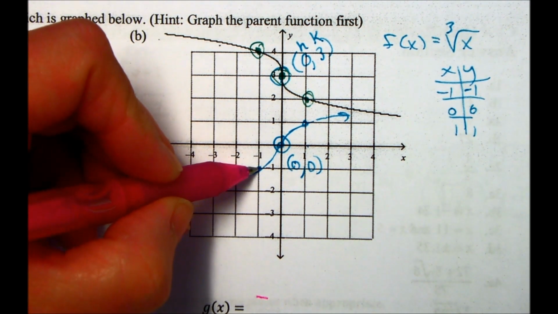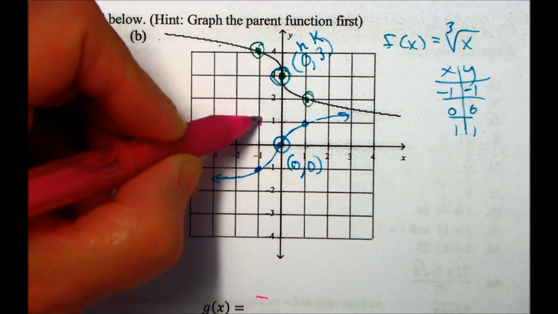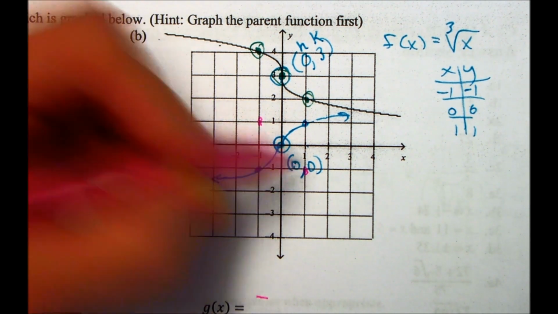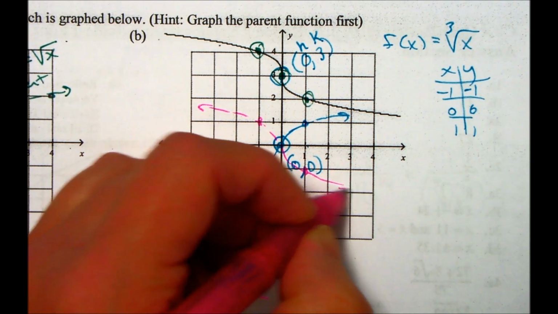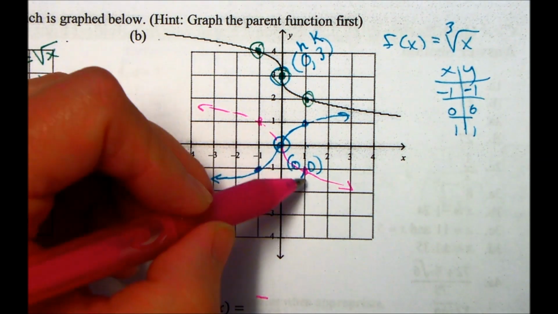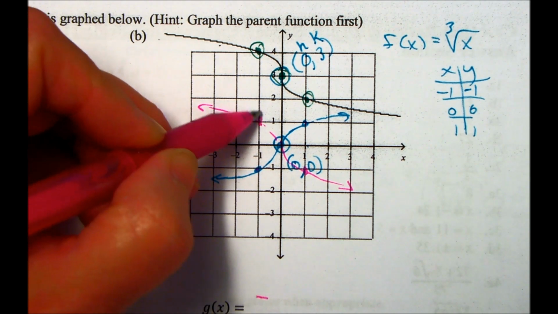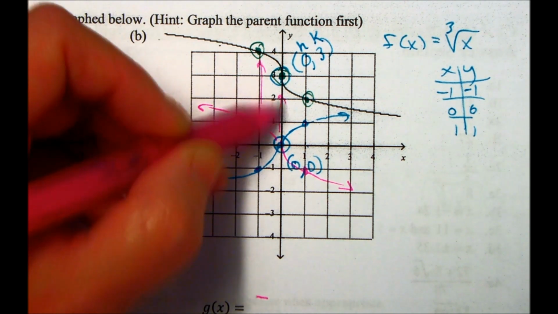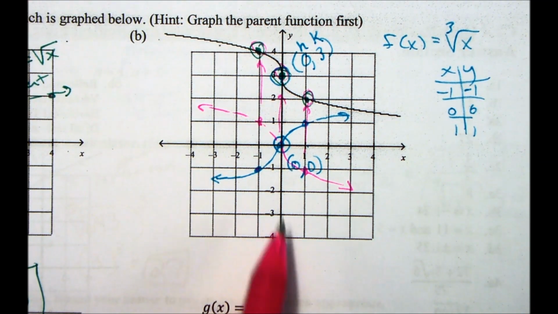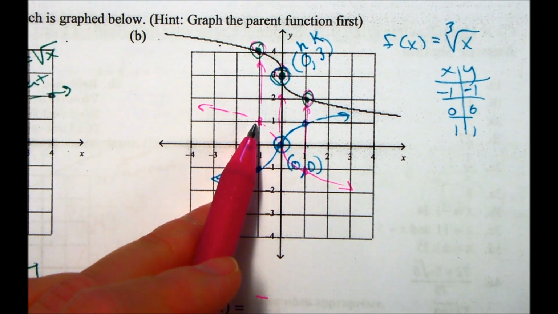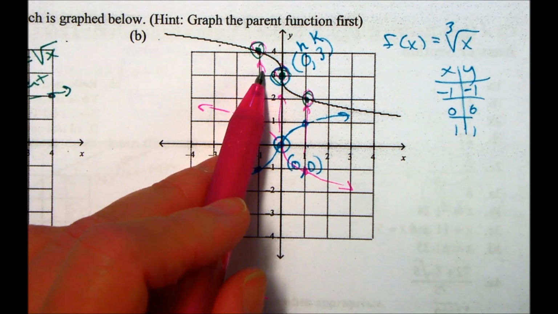So a reflection over the x-axis would put this point here. It would put this point here, which would kind of look like this. And then if you were to take these 3 points and just shift them up 3, that would give us our new points. So that would be a reflection over the x-axis and shifted up 3.